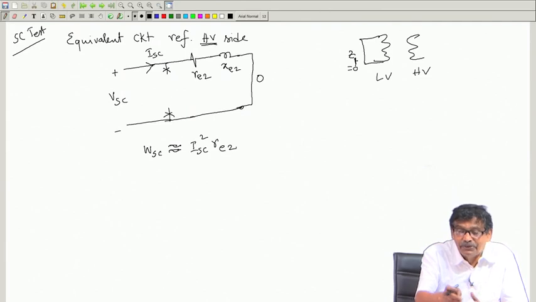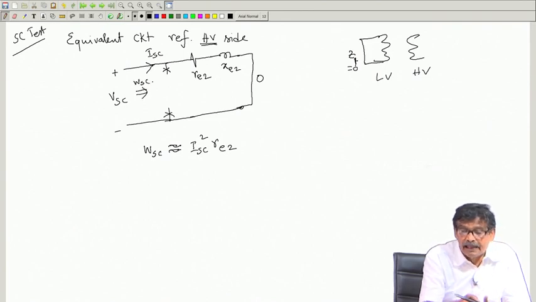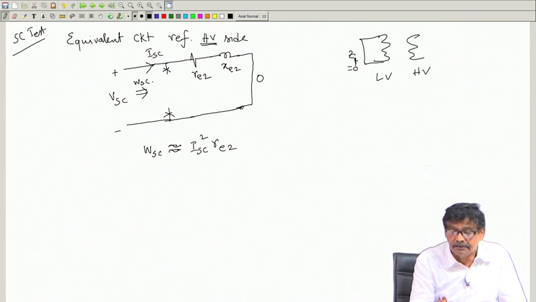And here you note it is series, applied voltage is known, power drawn by the circuit is known, WSC at a voltage VSC, ISC. So, ISC square RE2, therefore, RE2 can be calculated.